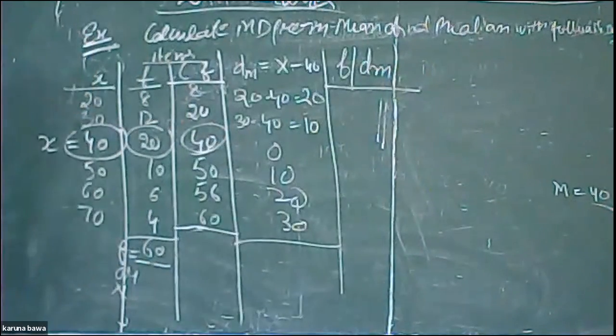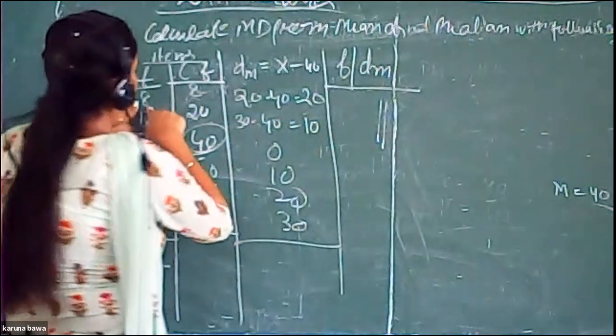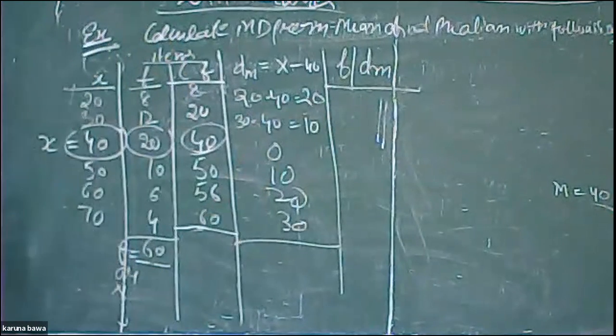So now, frequency times deviation value. 8 multiply 20 is 160.